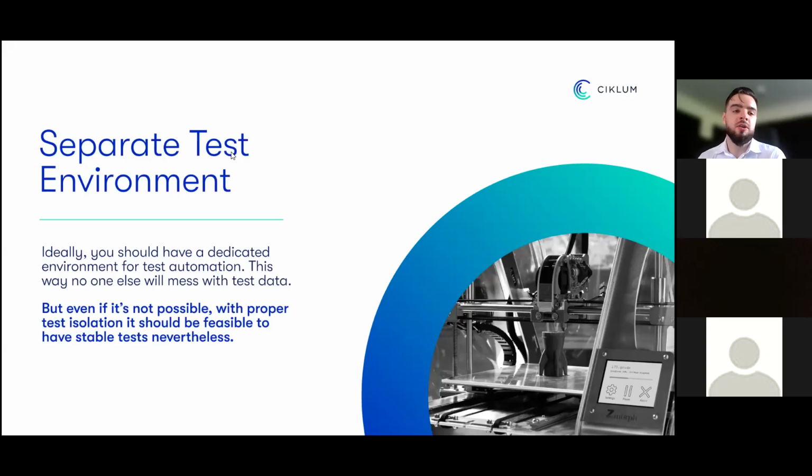Even then, if you apply all those principles we discussed before of proper test isolation and creating test data specifically for your tests, you shouldn't really have a problem because your tests will be using only their own data and they should be quite stable. But of course, if your project has enough budget or enough environments or virtual machines, you should always aim to use a separate test environment for automation. But as I've said, even if it's not possible, don't be upset. Applying other principles should mitigate that risk.